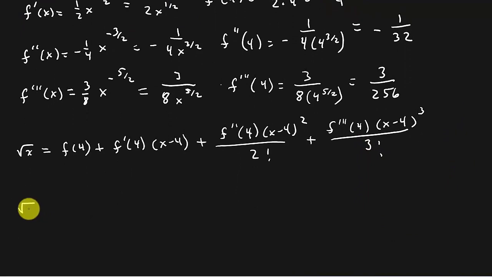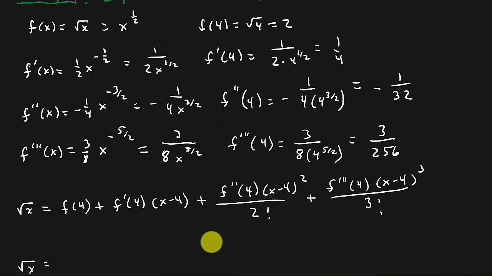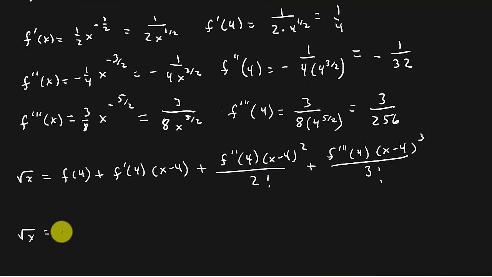And so we get the square root of x is, let's see, f of 4 is 2. So that's going to be 2 plus f prime of 4, which is 1/4, so 1/4 times x minus 4.